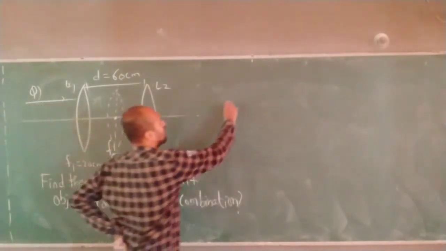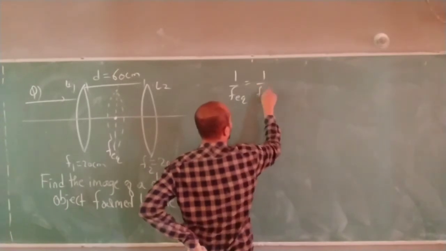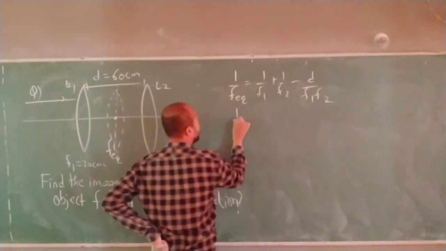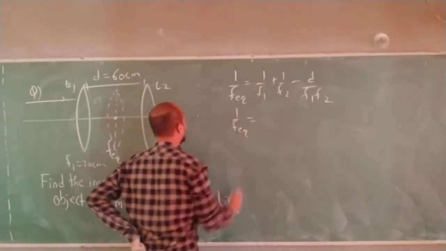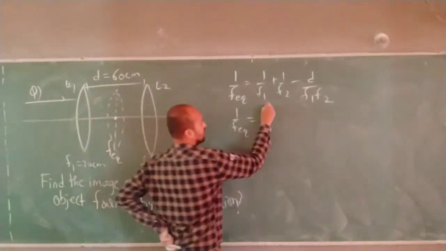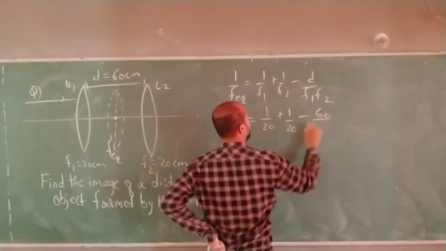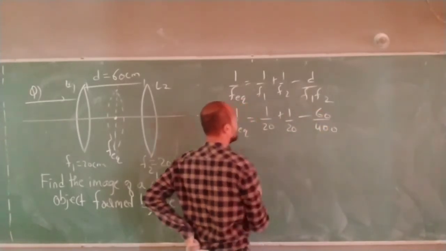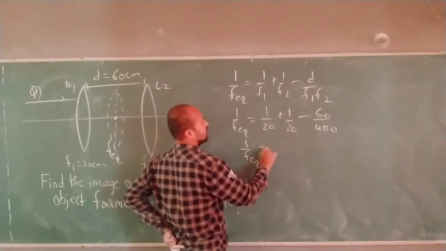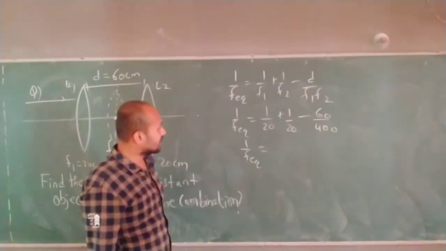So I will find the focal length of this equivalent. 1 by f eq is equal to 1 by f1 plus 1 by f2 minus d divided by f1 f2. 1 by f equivalent will be equal to 1 by 20 plus 1 by 20 minus 60 divided by 20 into 20, 400. So you multiply here, this will become 2 by 20. Correct now? 2 by 20.